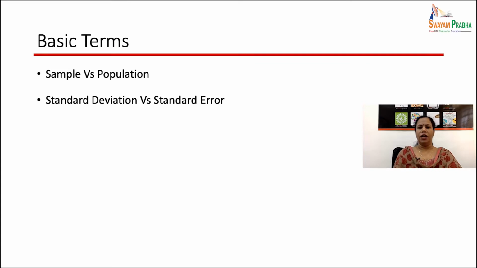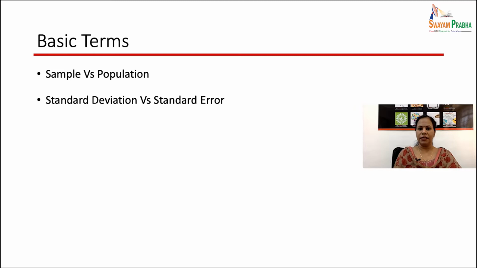Now when we are talking about the statistical analysis, we are not bothered about the sample's findings, but we want to know whether these findings can be applied on the population or not. So whenever we use a variability measure for the statistical analysis, we go for the standard error.